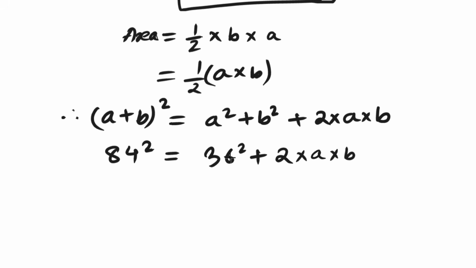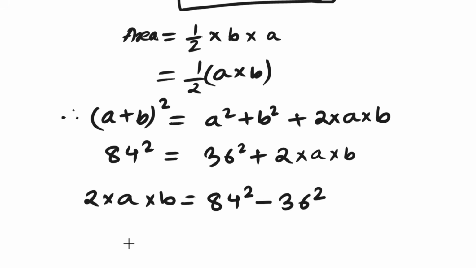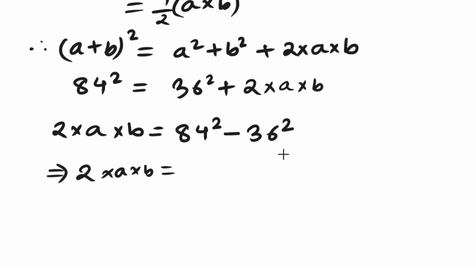Subtract 36 squared from both sides, giving us 2 multiplied by A multiplied by B equals 84 squared minus 36 squared. At this point, you could calculate both squares separately, but there's a much faster method.